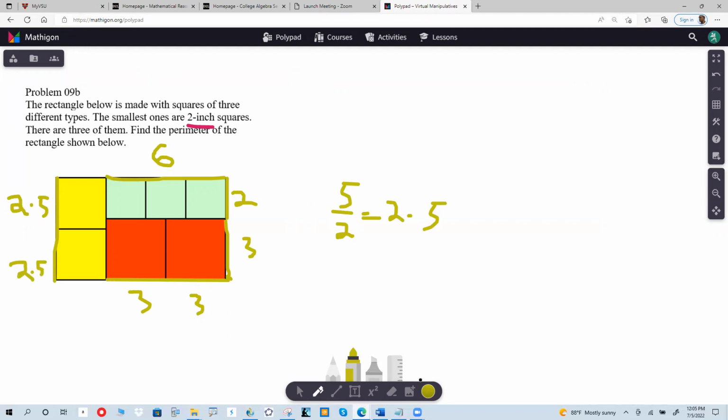What does that do? Well, that helps a lot, guys. That tells us the only 2 missing edges have to be 2.5 and 2.5. I'm going to erase this.